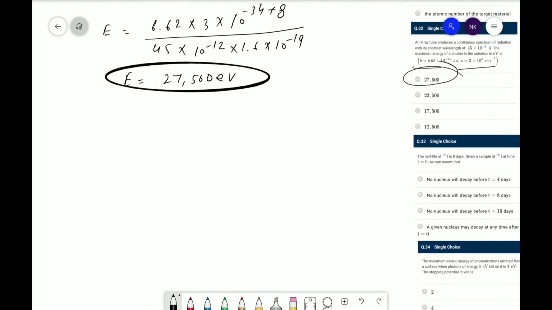Moving towards the next question. In the next question, the half-life of iodine-131 is 8 days. So here the half-life T half is given as 8 days.